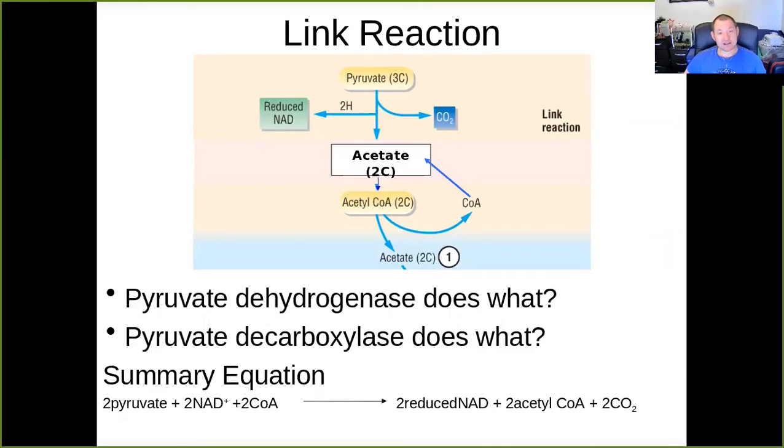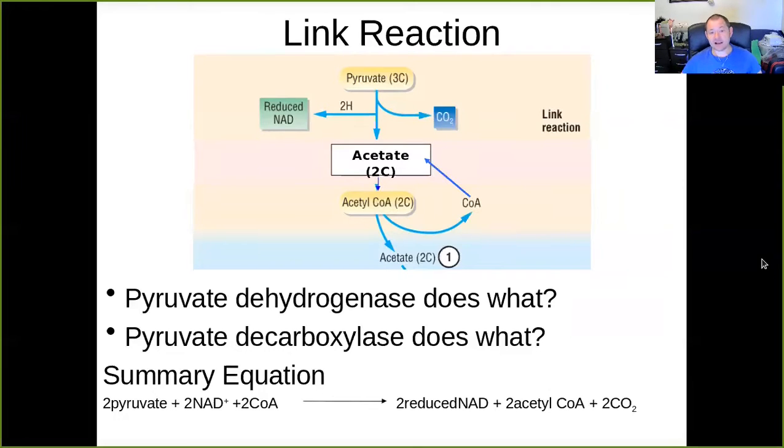At the same time, a decarboxylase enzyme removes a carbon and 2 oxygens from the pyruvate as carbon dioxide. This turns pyruvate into acetate, which is a 2-carbon sugar. You can see where the 3rd carbon has gone. 3 carbons, one goes off here to make carbon dioxide, leaving the acetate as a 2-carbon sugar.